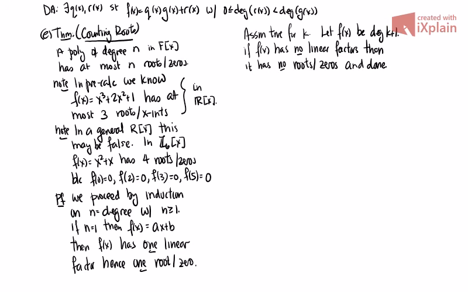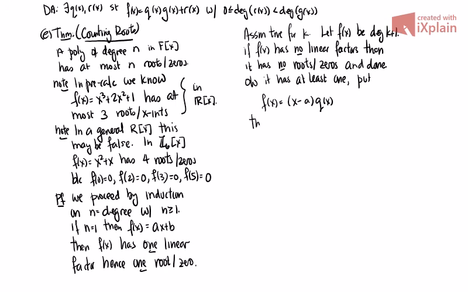Otherwise it has at least 1. So what we can do is take that linear factor and factor it out. We can write it like that. You can write it as x plus b if you like. Doesn't really make a difference.